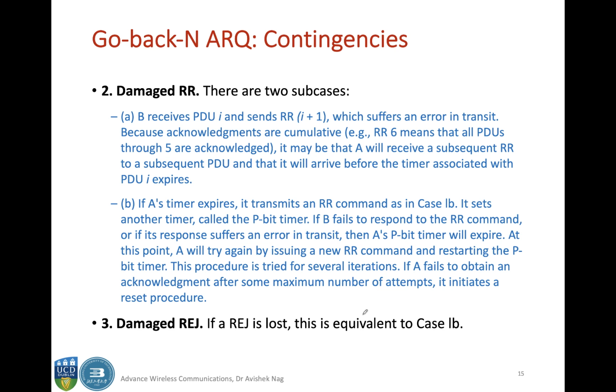Because acknowledgements are cumulative, that is, RR 6 means that all PDUs through 5 are acknowledged, it may be that A will receive a subsequent RR to a subsequent PDU, and that it will arrive before the timer associated with PDU I expires.